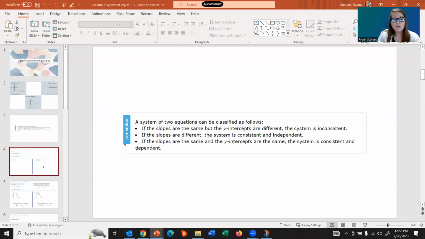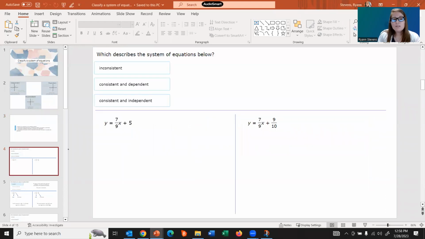So let's look at an example of this. If we want to describe the system of equations, our answer choices are: we can select inconsistent, we can select consistent and dependent, or we can select consistent and independent. Okay, so again, inconsistent, we're going to have no solution.